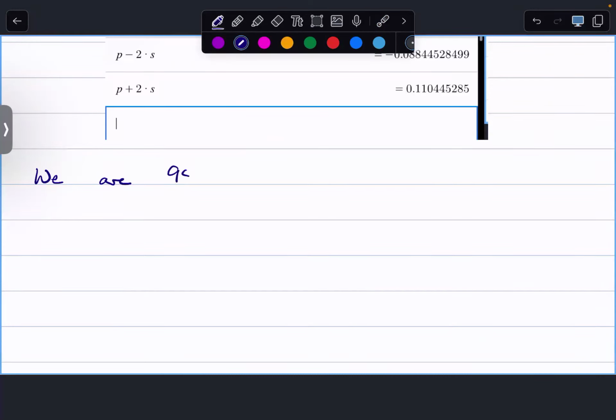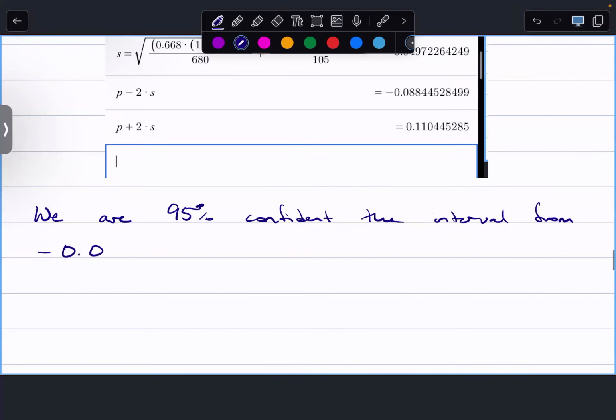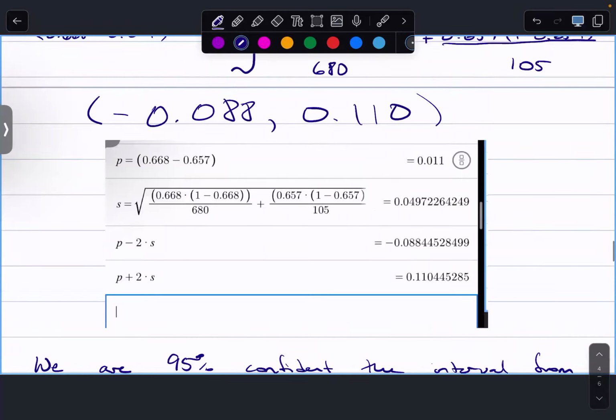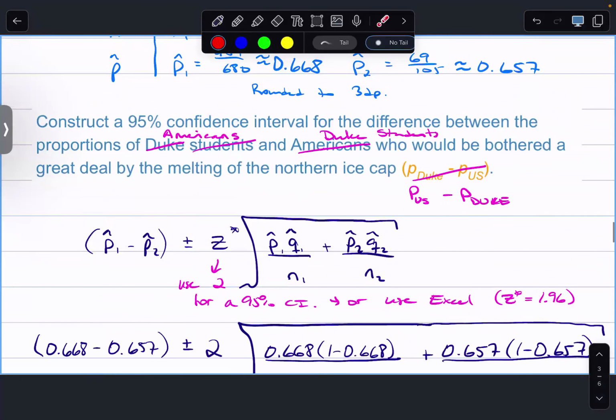And so we are 95% confident the interval from negative 0.088 to 0.110 captures, this is where you rephrase the question as an answer. So we were asked to build a 95% confidence interval for the difference between the proportions of Americans.